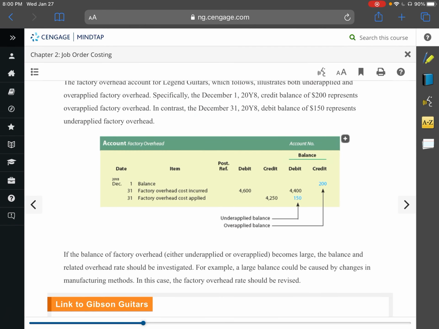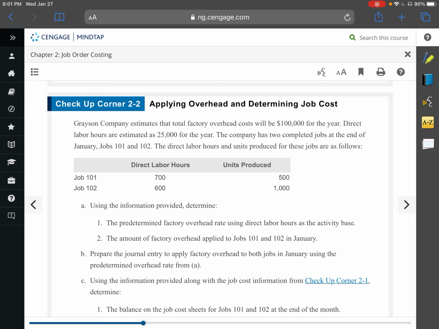So now they give us a problem to look at. It says Grayson Computers estimates that total factory overhead cost will be $100,000 for the year. Direct labor is estimated at 25,000 hours for the year. The company has two completed jobs at the end of January, jobs 101 and 102. Direct labor hours and units produced for these jobs are as follows.